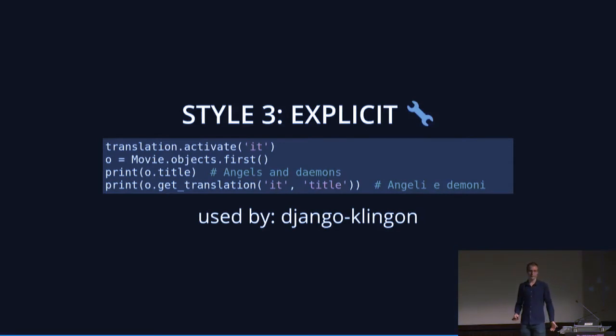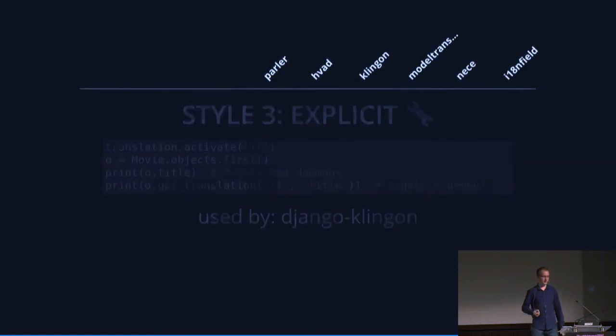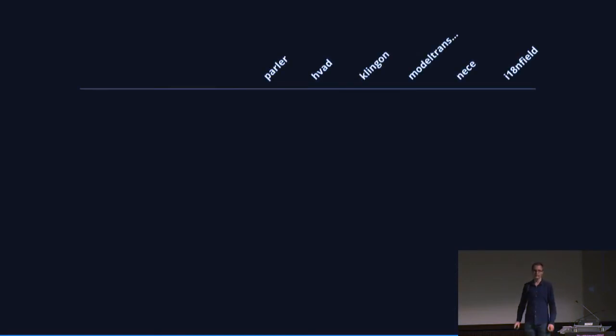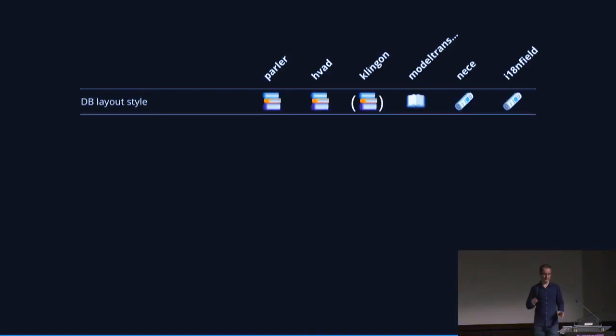So this has been a lot, and there's even more that we could talk about and compare, so let's try to get an overview. We shortly talked about the database layout, and we've seen that Parler and Vinaigrette use a separate table for every model to store the translations. Klingon uses something similar. It uses one table for the whole project and then uses a generic foreign key to refer to the main model.